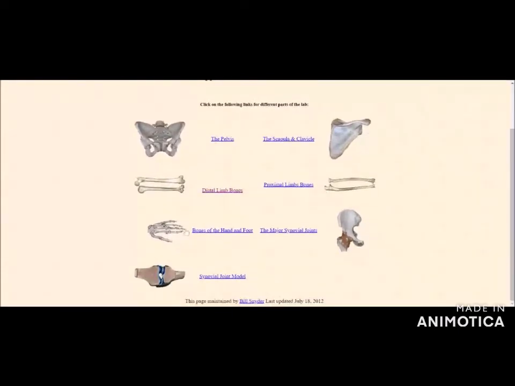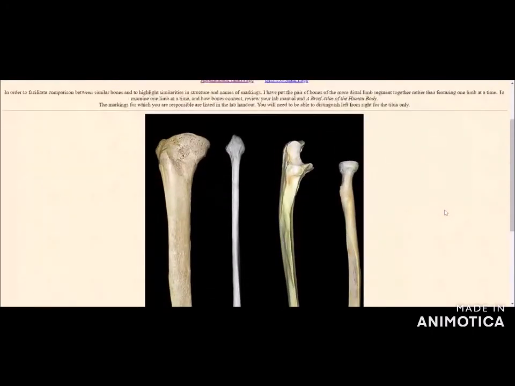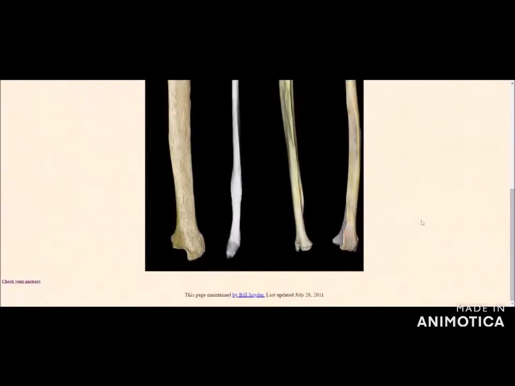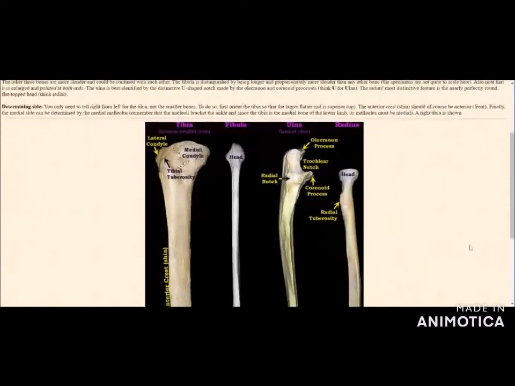So if we look at the appendicular skeleton on the virtual lab, you can see these structures just a little bit better, I believe. Again, we have the olecranon process, the trochlear notch, that is that little groove that articulates with the humerus at our elbow.